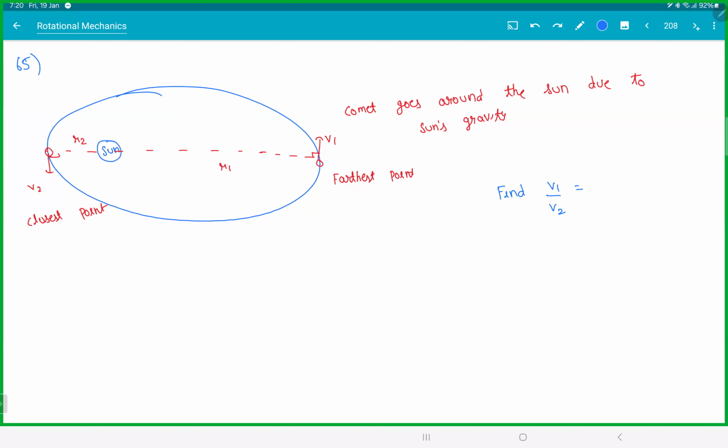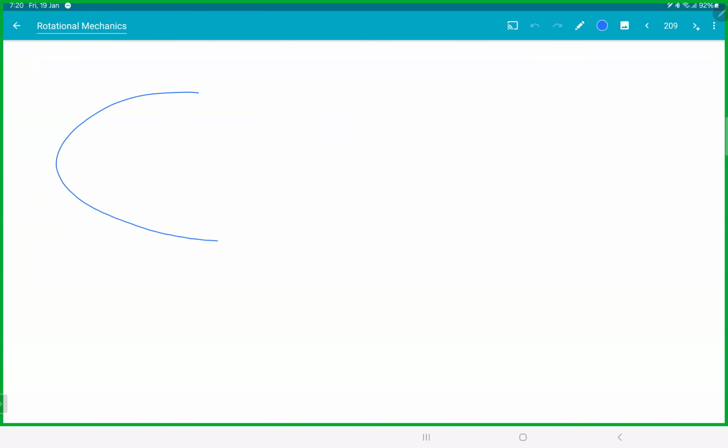See, the idea here is, tell me one thing. When the comet is going around the sun, how is the gravitational force? When the comet is here, towards the sun. When it is here, towards the sun. Means no matter wherever the comet goes, the force is always towards the sun.